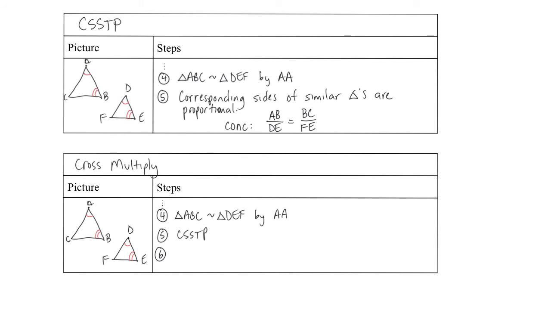So this might look something like this, and that's called cross multiply for short. Its fancy term is product of the means equals product of the extremes. Oops, I misspelled that.